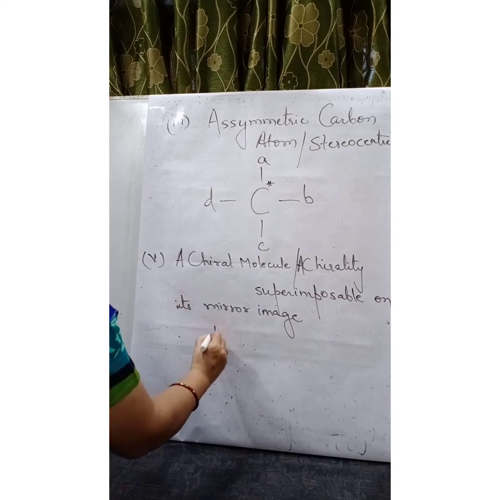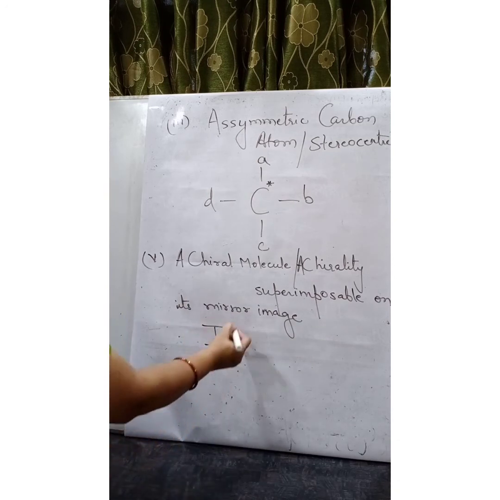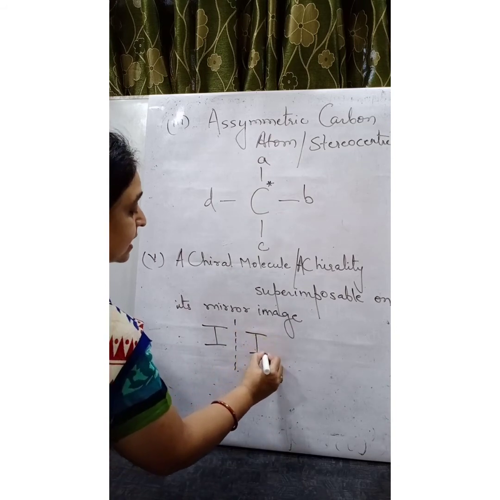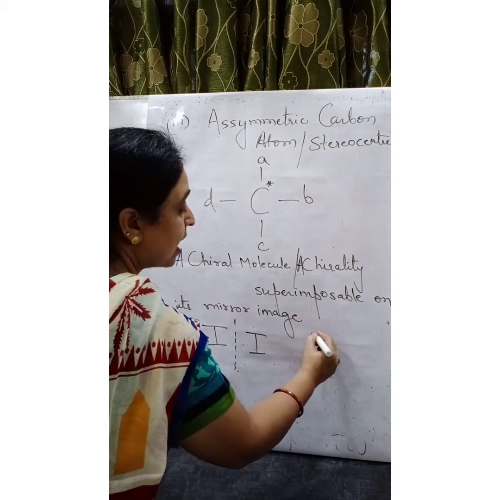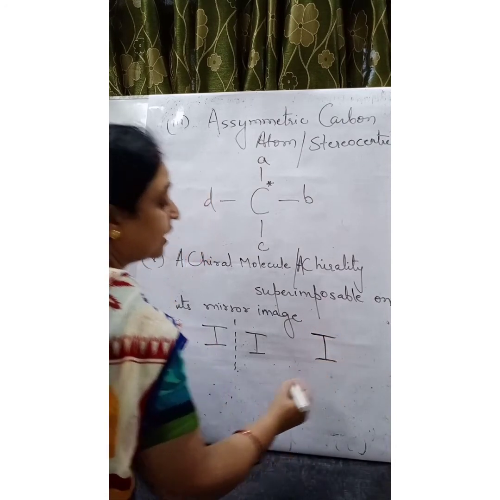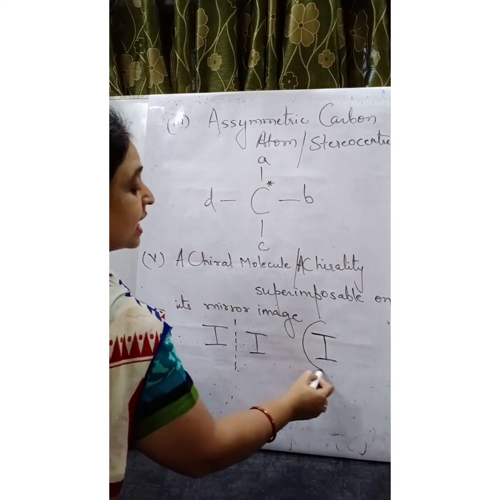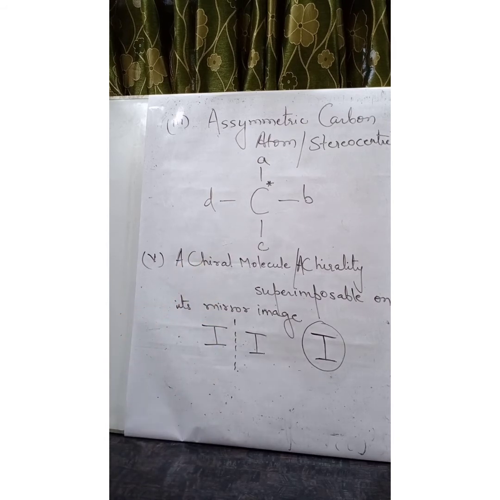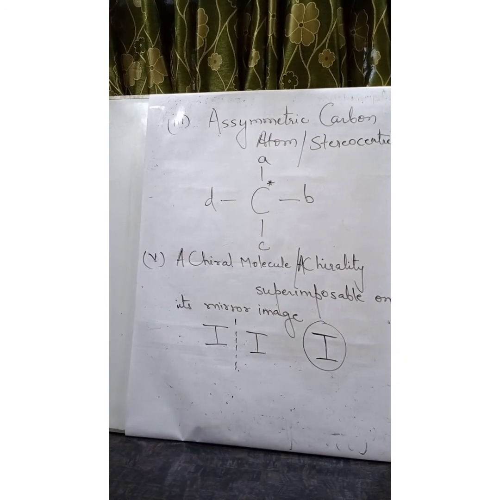For example, take letter I. Put a mirror in front of it. The image is like this. Now take this I and place the image on top of it. So you will notice that the images are superimposable on the object. Such type of molecules is known as achiral molecule or achirality.